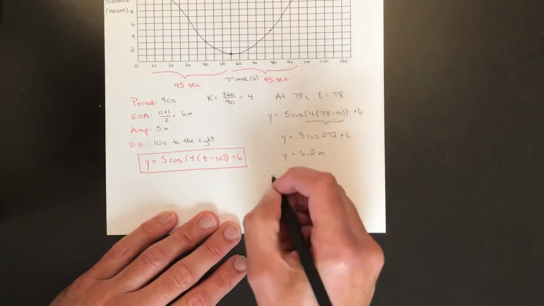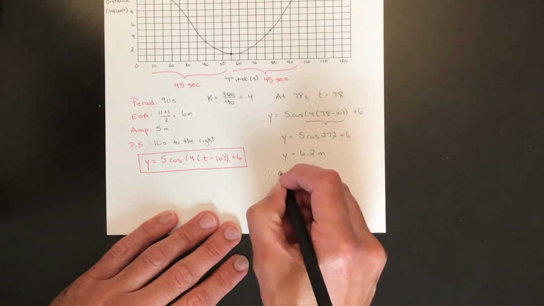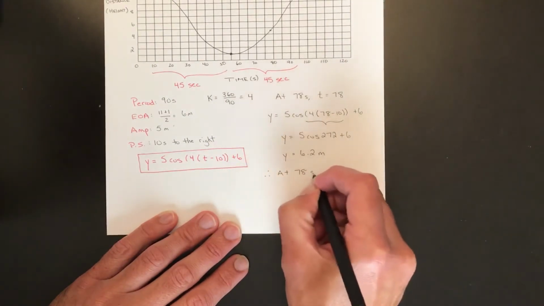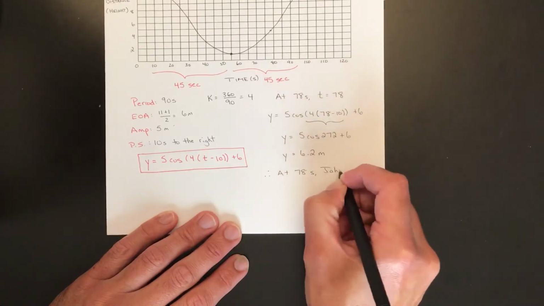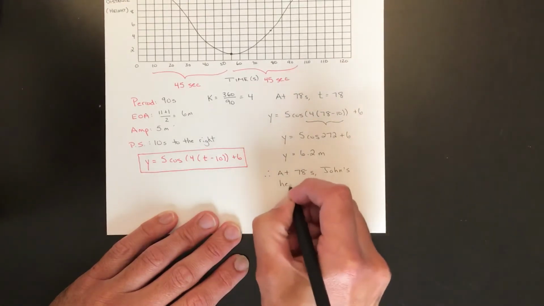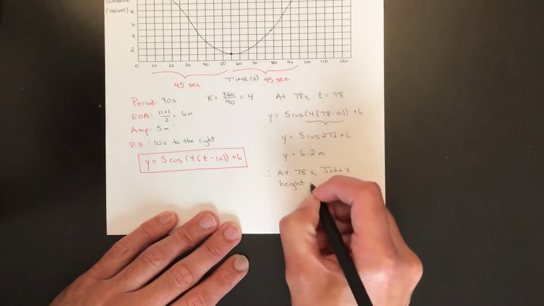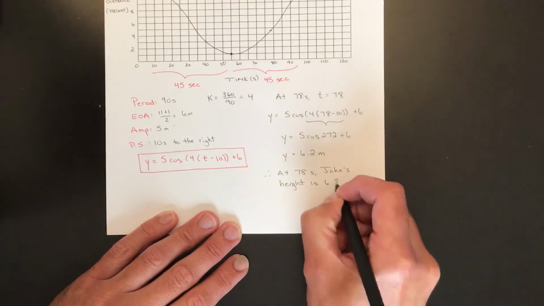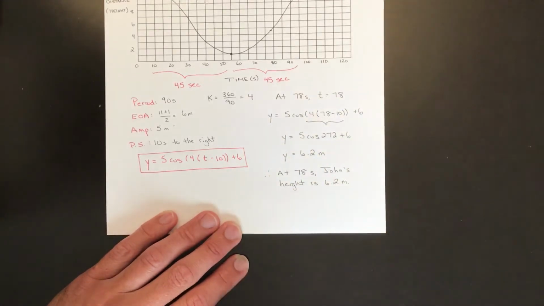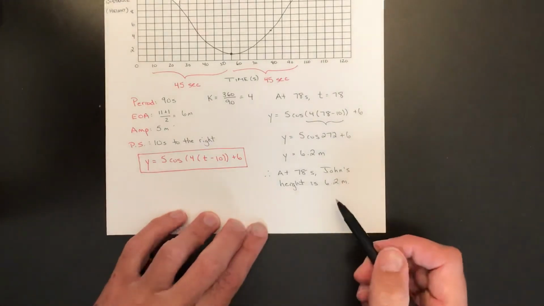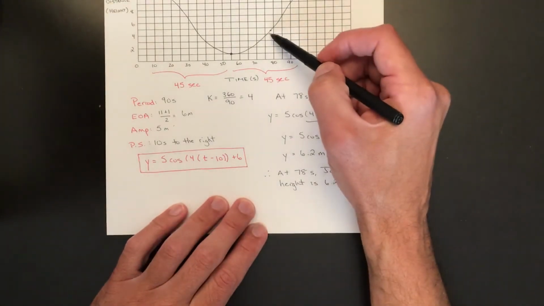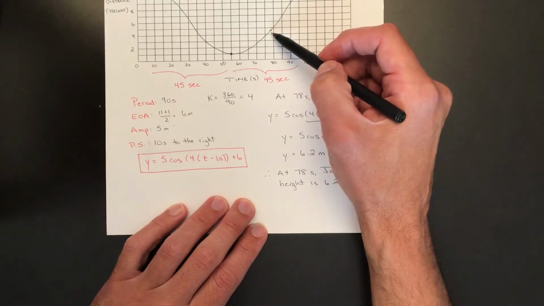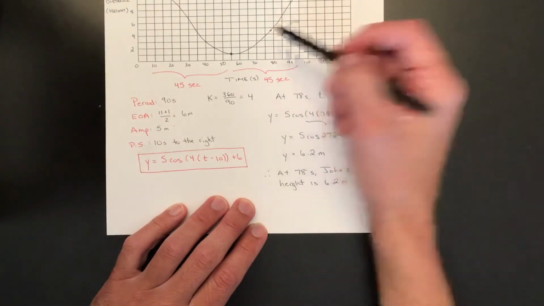So therefore, at 78 seconds, John's height is 6.2 meters. So as you can see, 6.2, clearly different from what I initially determined here to be under 5 from my grid.